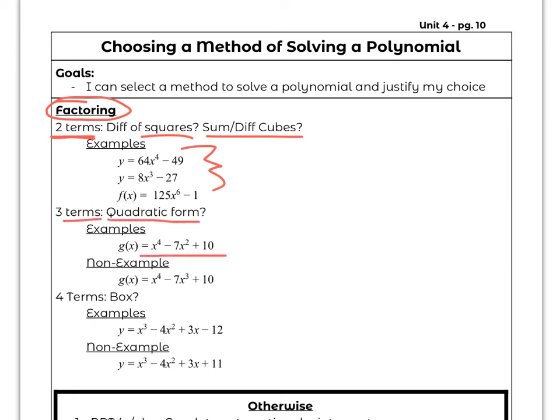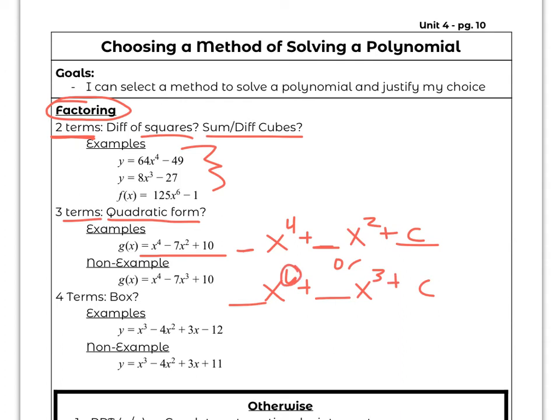An example, it always has to be x to the fourth, x squared, plus a constant, or we can go higher than that, x to the sixth plus x cubed plus a constant, basically that highest exponent if you divide by 2. But these get really big, so we're not going to worry about those, just like we're not going to worry about the things to the 6th power there.